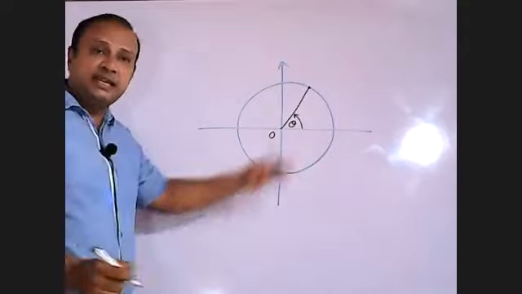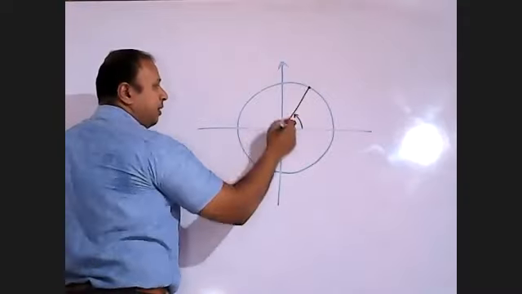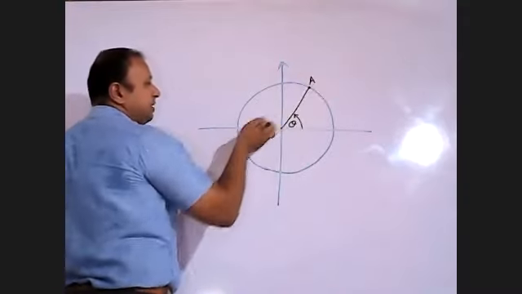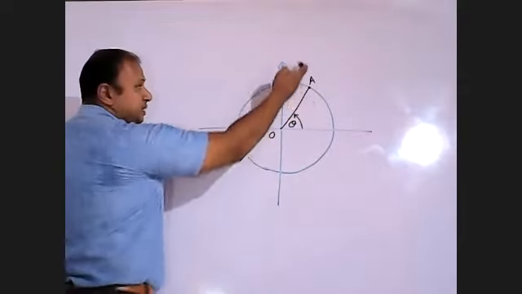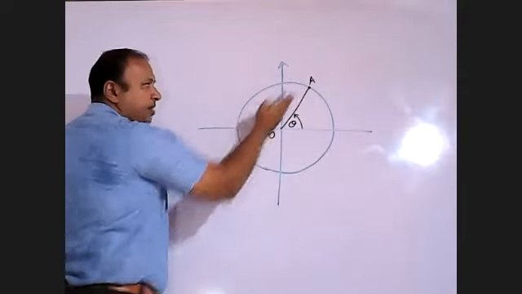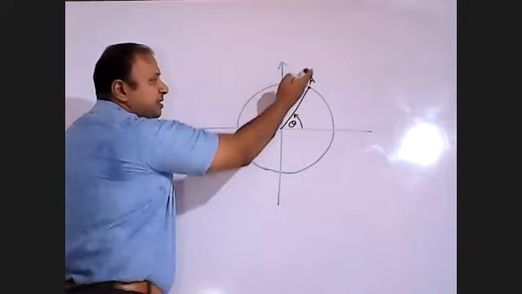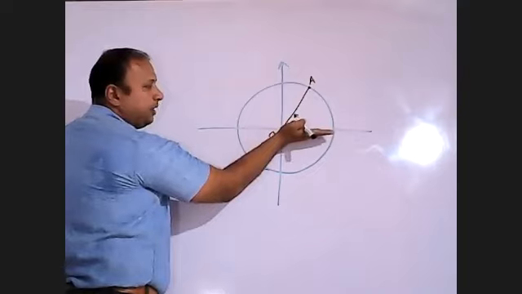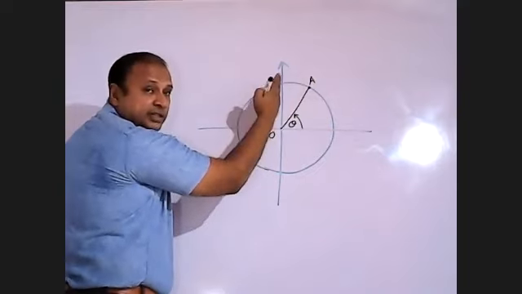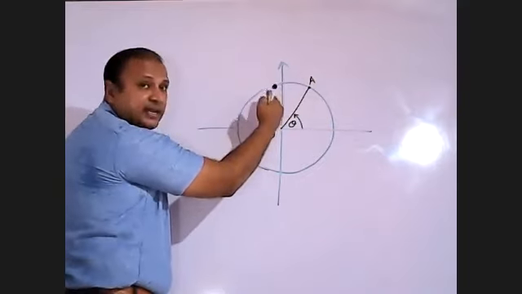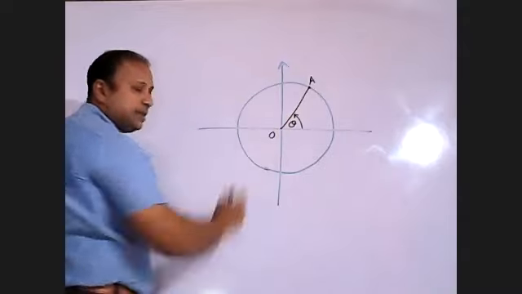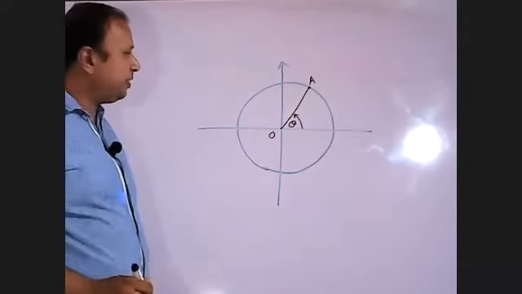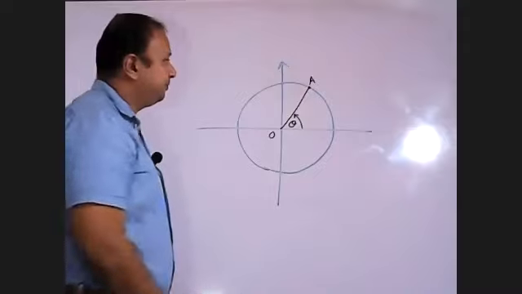Suppose this is OA, that means this OA radius. You can simply consider it as a rod. This OA rod has rotated theta angle around this point O and come to this point.